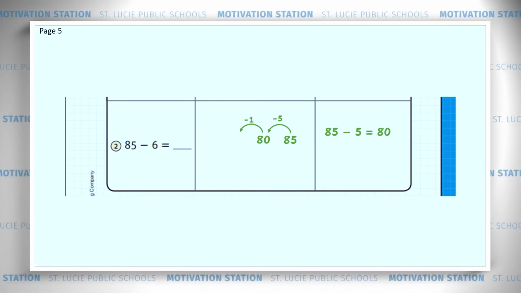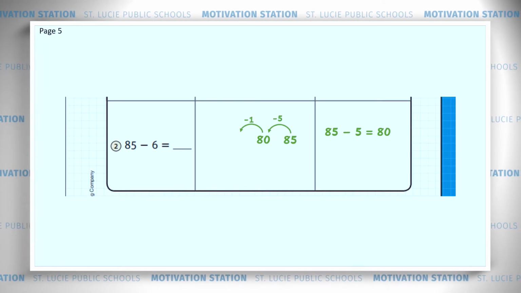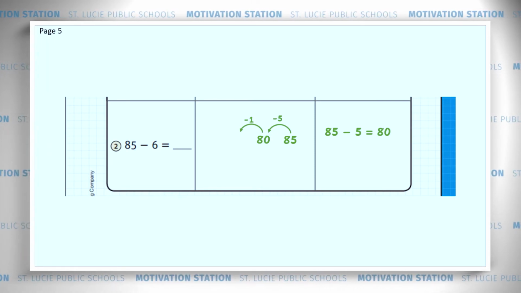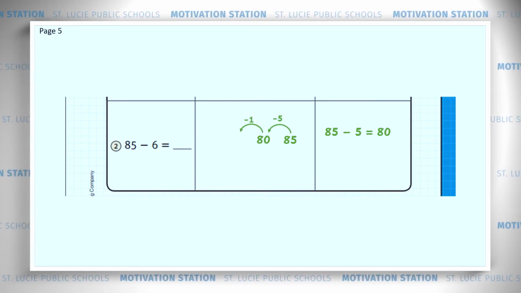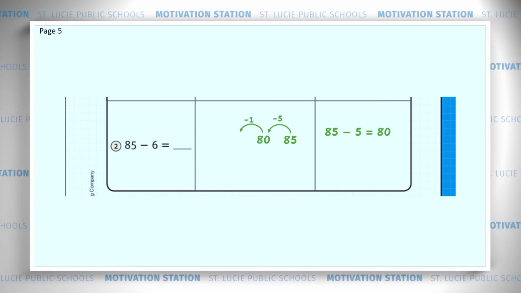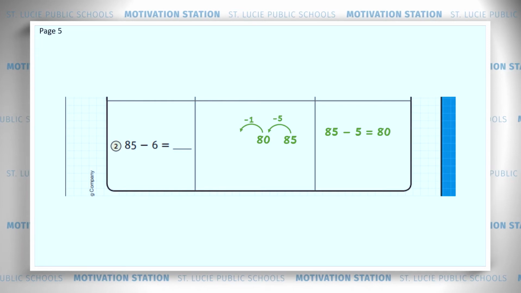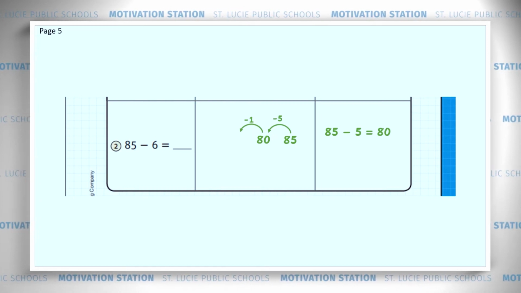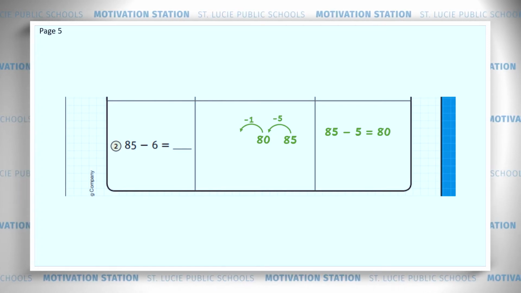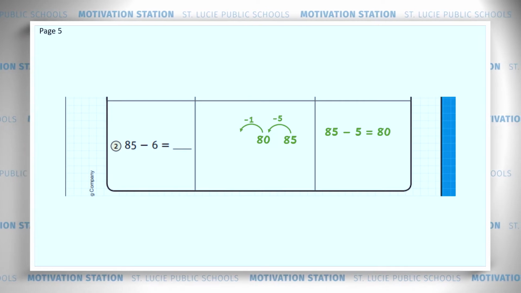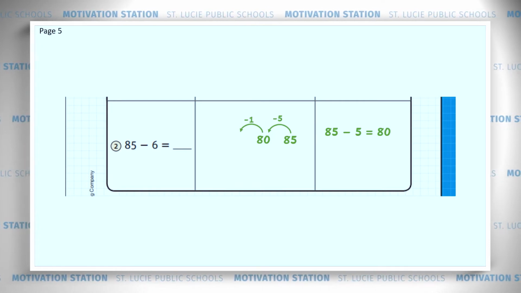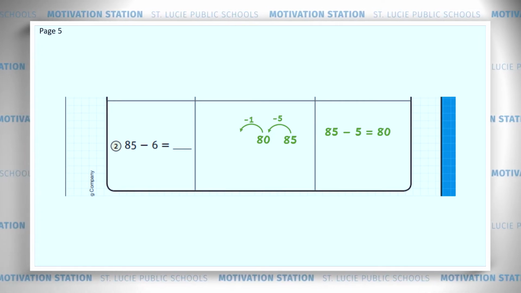Write that down and think about, what is 80 minus 1 more? If you're stuck, remember that you can think about 10 minus 1 to help you solve 80 minus 1. 10 minus 1 is 9. So I know my answer is going to end in a 9, and we know that handy dandy pattern tells us that we need 1 ten less.